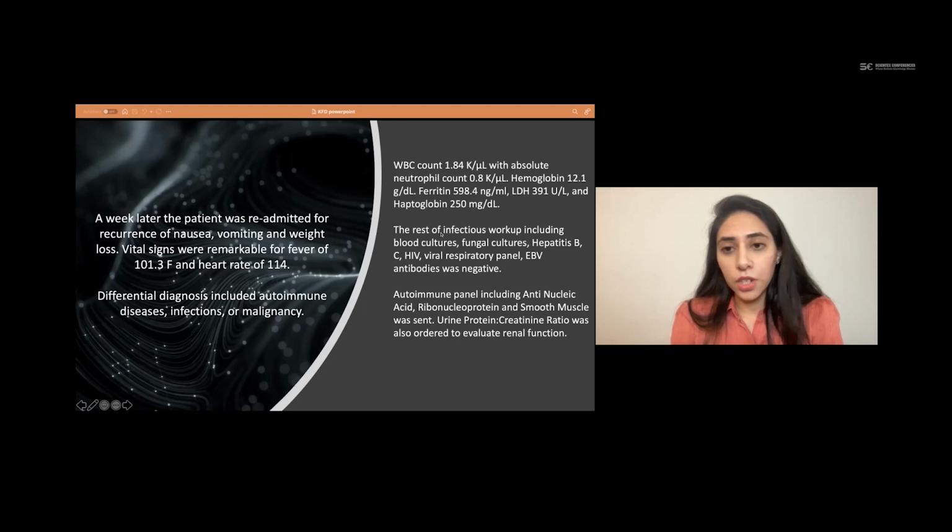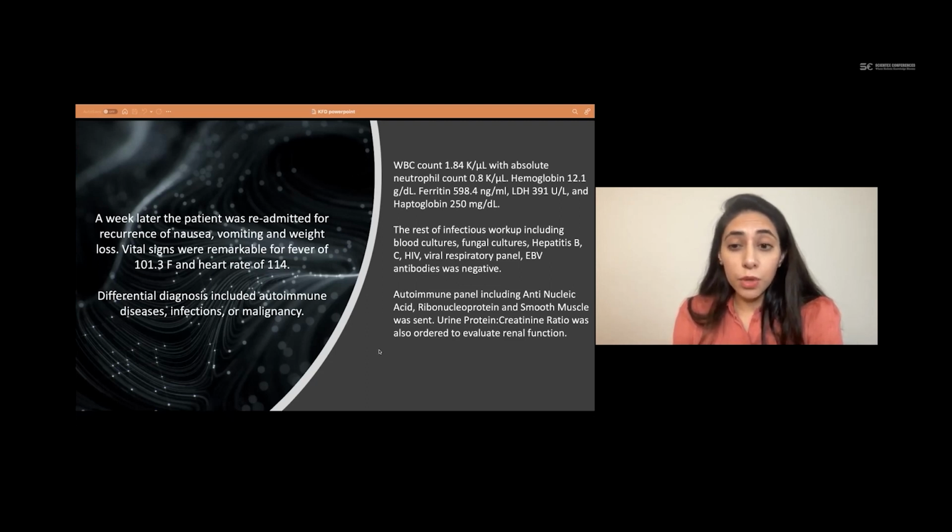The rest of the infectious workup that we did, including blood cultures, fungal cultures, the viral panels, hepatitis panel, HIV, and EBV, was all negative. We also sent an autoimmune panel, including ANA, ribonucleoprotein, and smooth muscle antibodies.